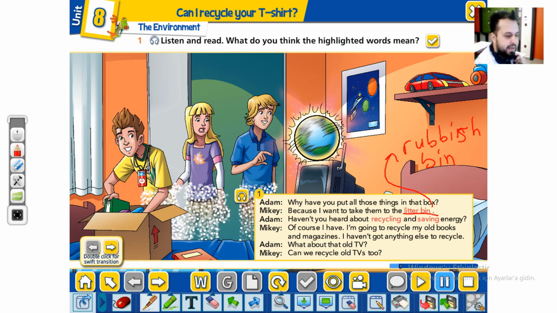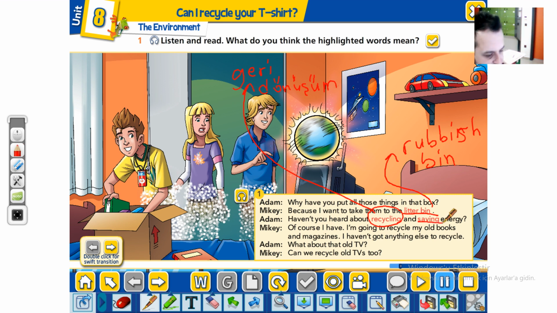Okay, recycle means it's a process of changing and collecting something which we don't want to waste. For example, plastic bags, glass bottles, batteries and old batteries, our old clothes. I mean, recycle is geri dönüşüm in Turkish. We use it as a verb, recycle, geri dönüştürmek.